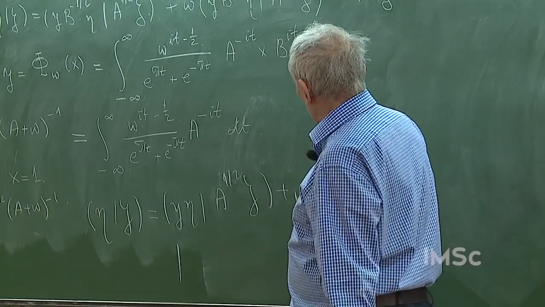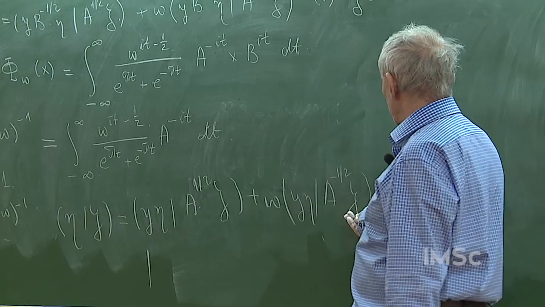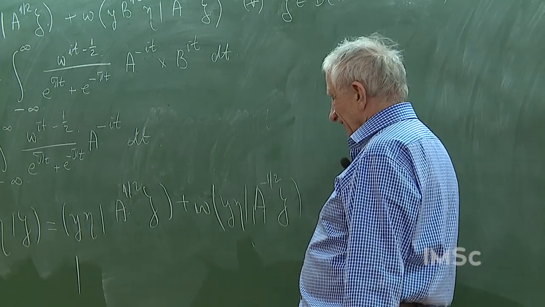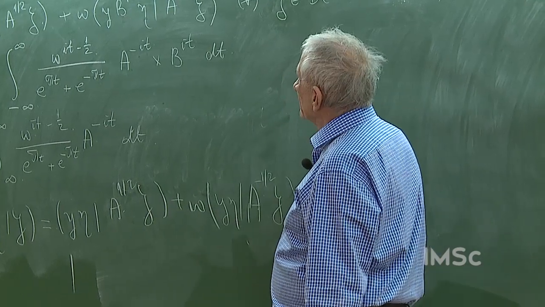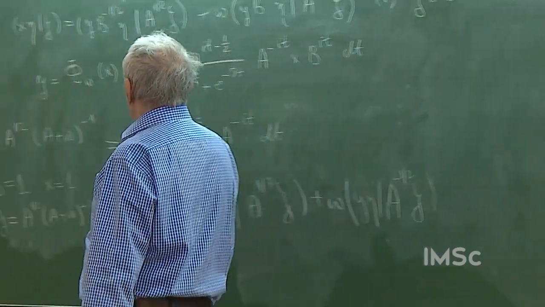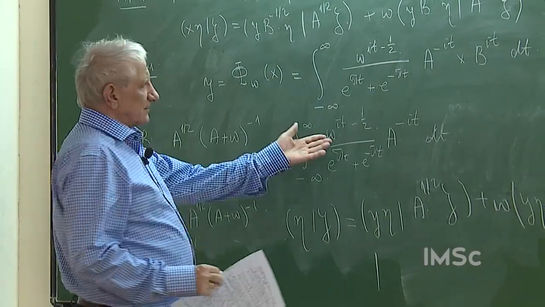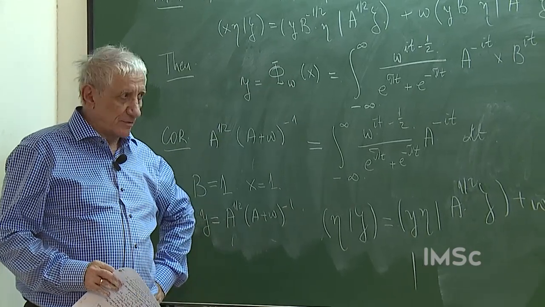I repeat, for every zeta in the domain of a to power 1/2 and the domain of a to power minus 1/2. This relation is checked immediately, and it has exactly the sense of here, and you get the conclusion as a particular case of the theorem.